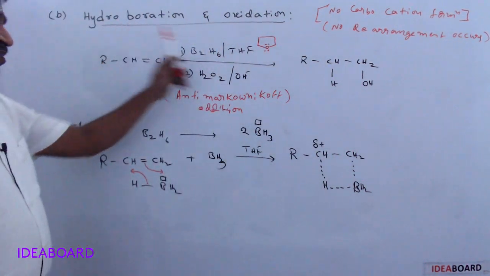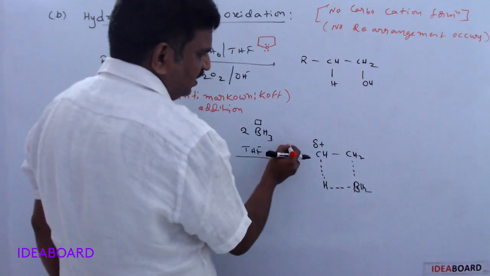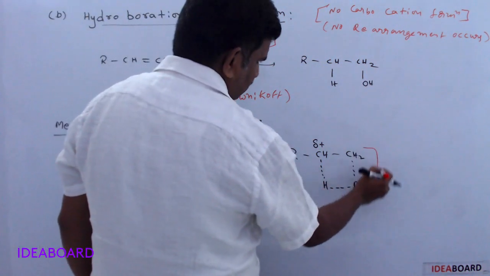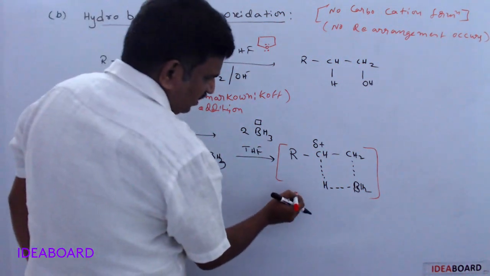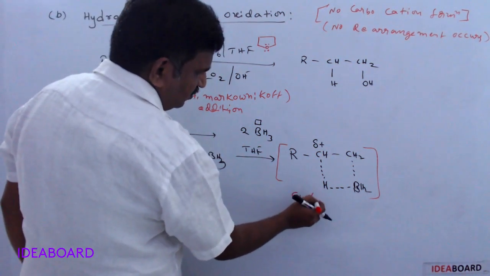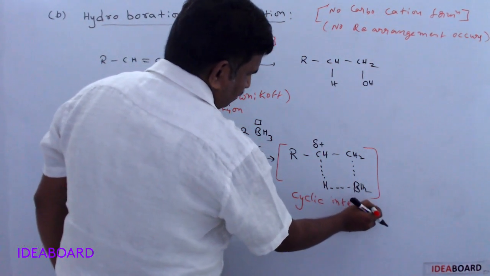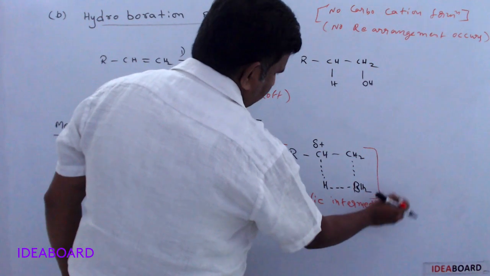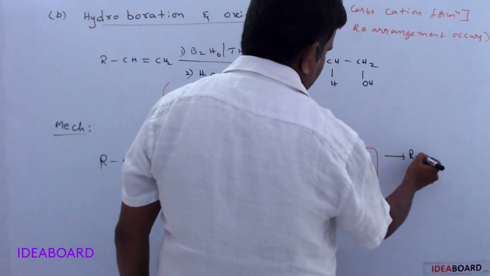In the hydroboration oxidation process, the reaction occurs through a cyclic intermediate, so this reaction is also called a pericyclic reaction. A cyclic intermediate formation occurred.